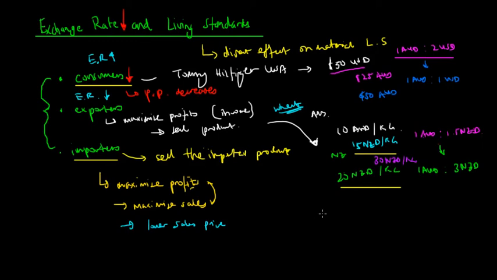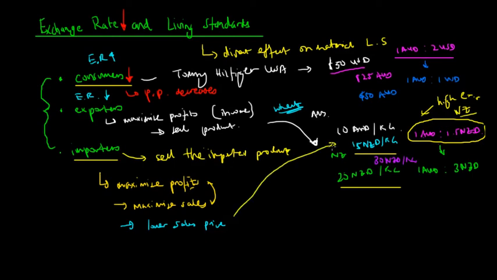When the exchange rate is very high, so this is a high exchange rate from New Zealand's point of view, importers would purchase wheat at 15 New Zealand dollars a kilo. And so in New Zealand, importers would benefit when the exchange rate is high.